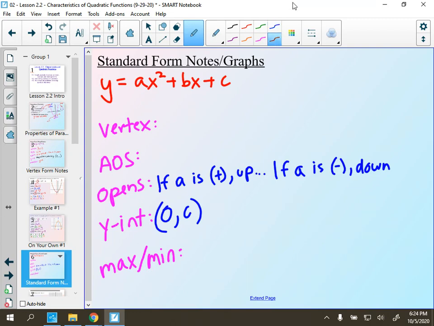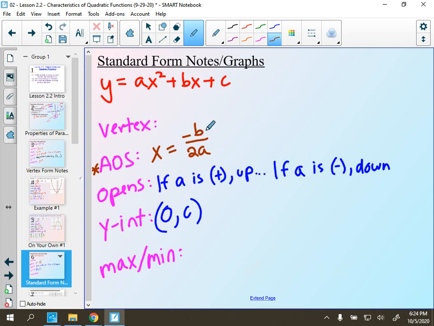It's not terrible, but this is where we would start doing some work, with the axis of symmetry. So we would start with this equation, x equals the opposite of b over 2a. That's something we're going to have to know, be able to do, and understand. That's where I'm going to start with my standard form graph or my standard form word problem.